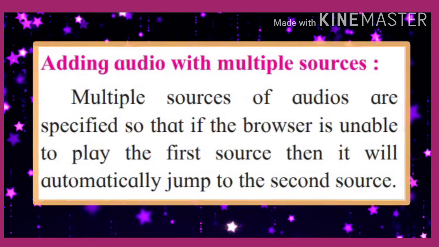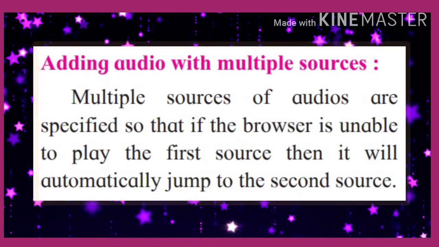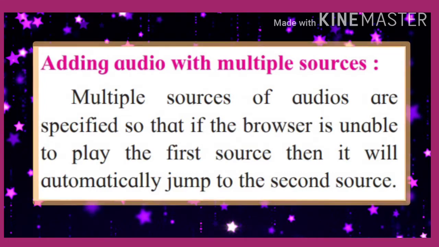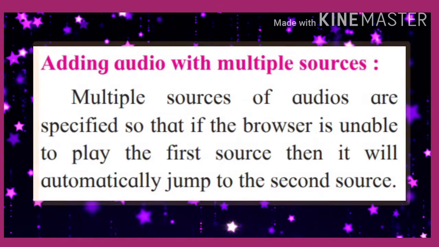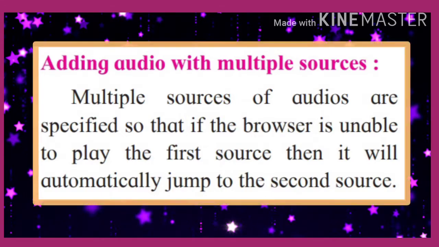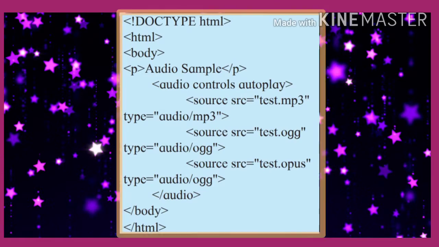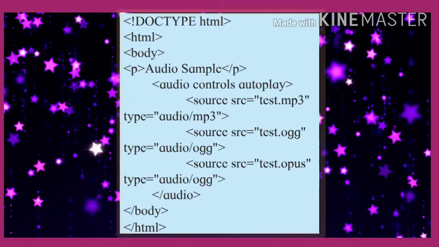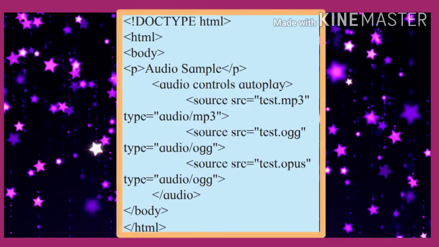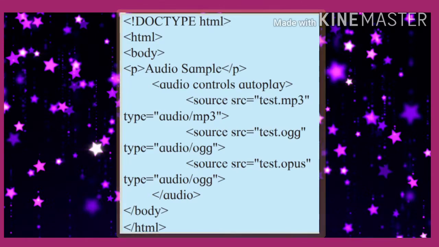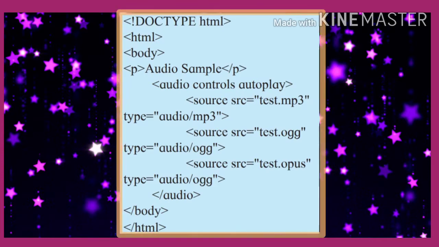Adding audio with multiple sources. Multiple sources of audios are specified so that if the browser is unable to play the first source, then it will automatically jump to the second source. Here is the example of multiple sources. In this example, we are using 3 source tags to specify 3 different source files, that is 3 audio files.